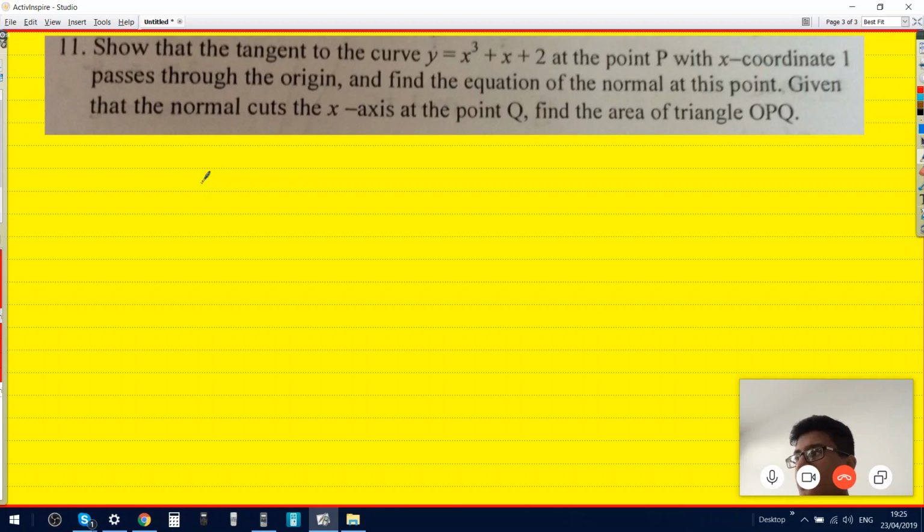Okay, so I might just draw a sketch of it beforehand, just to see how I can do this. So it's a cubic graph, and we've got the intercept as 2. So it passes through.